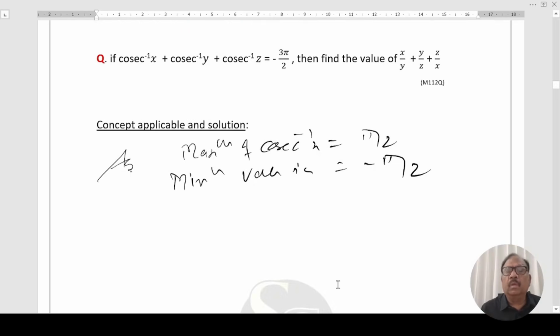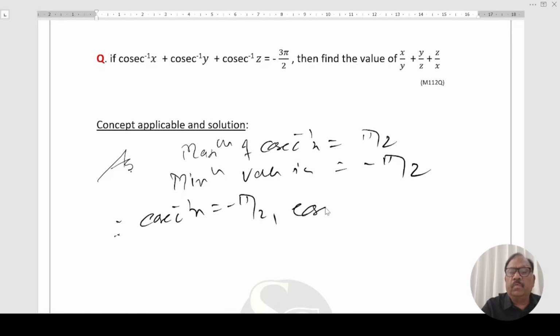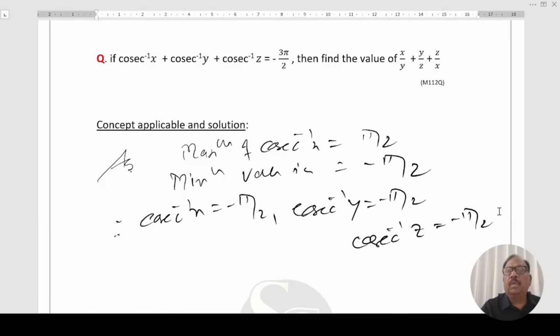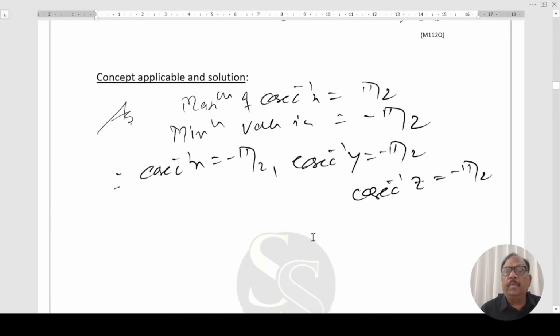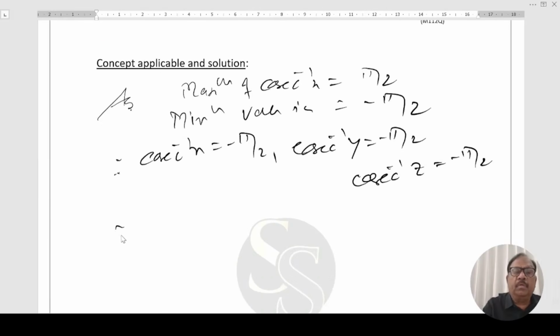Therefore, cosec inverse x equal to minus pi by 2, cosec inverse y equal to minus pi by 2, and cosec inverse z equal to minus pi by 2. Right? Cosec of minus pi by 2 is minus 1. Therefore, x equal to minus 1, y equal to minus 1, z equal to minus 1.